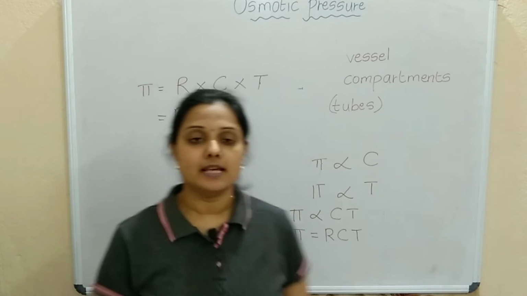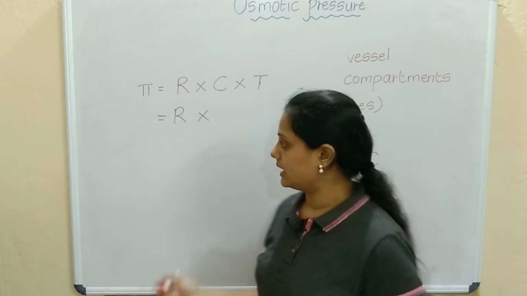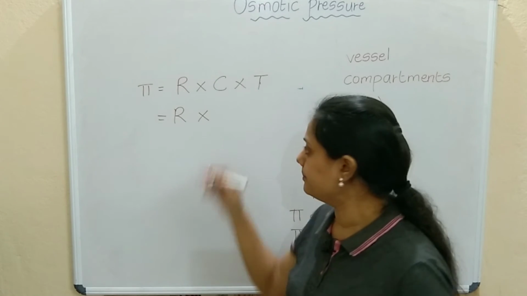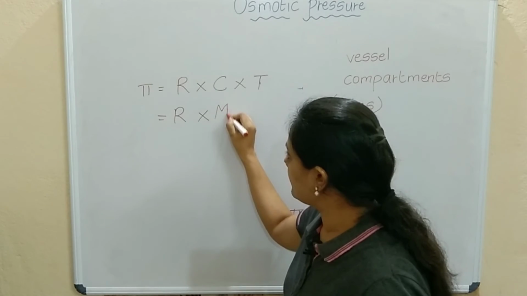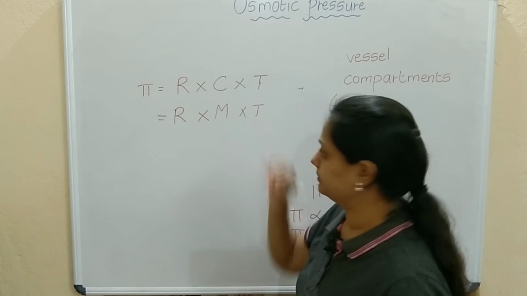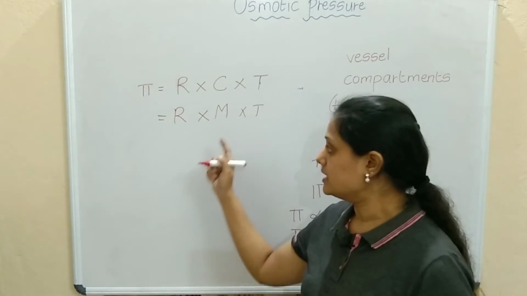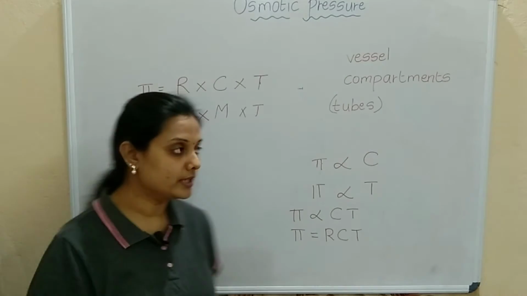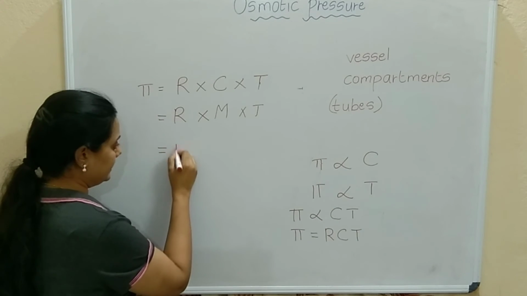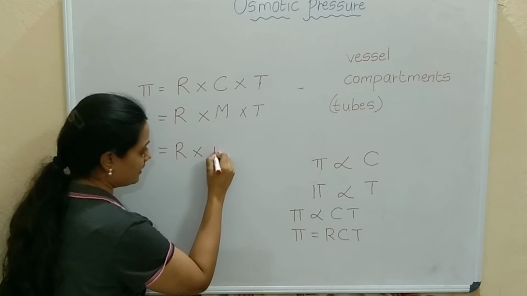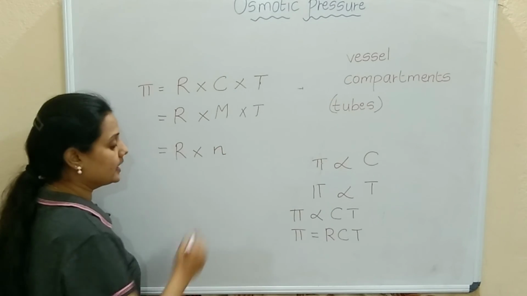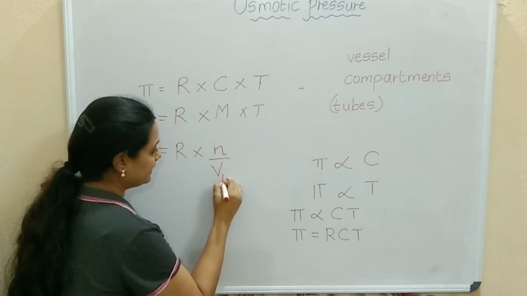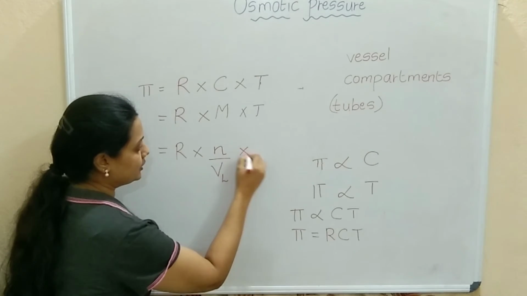Concentration can be expressed as molarity. Correct? Molarity, capital M. So, I will write it as molarity into T. Now, what is the molarity formula? Number of moles of the solute upon volume in liters. Number of moles of the solute upon volume in liters into T.